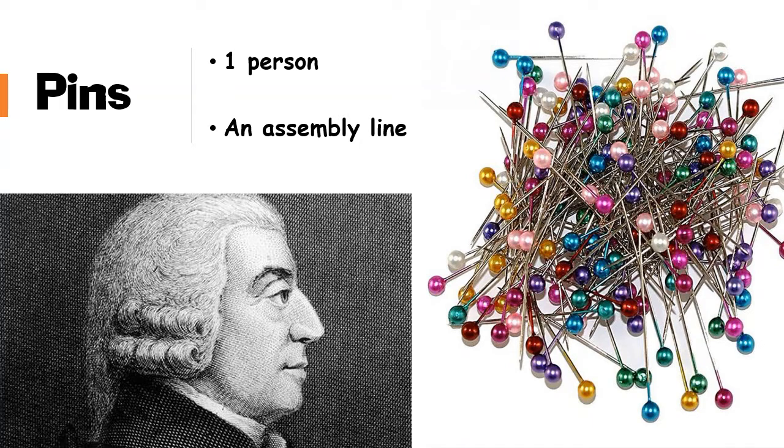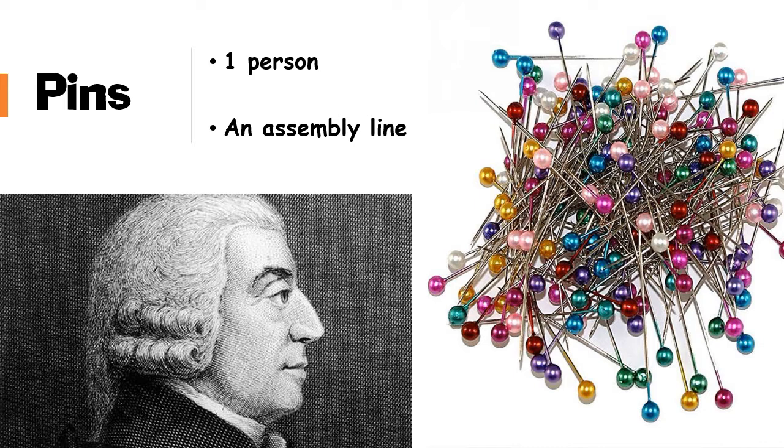Okay, so the first guy, strangely enough, to really talk about this was Adam Smith. And he talked about the pin-making industry and how the Industrial Revolution was changing making of pins.